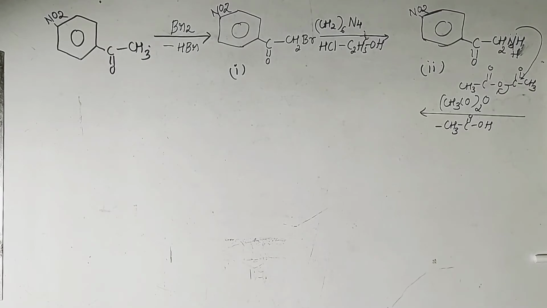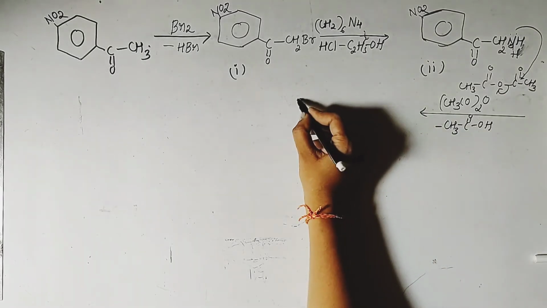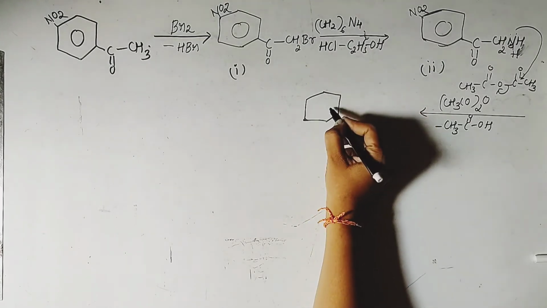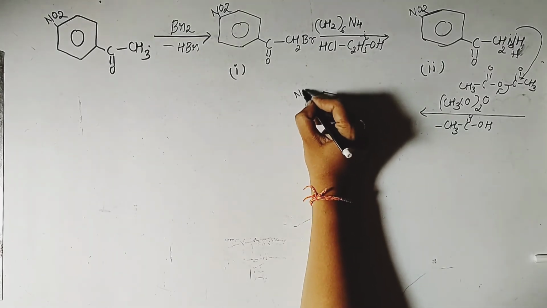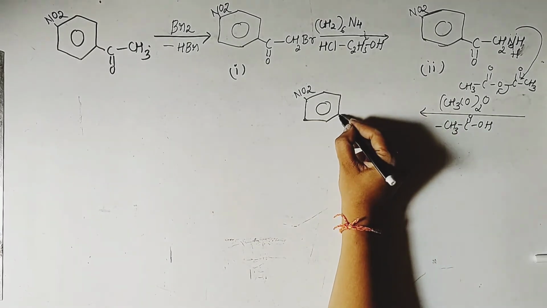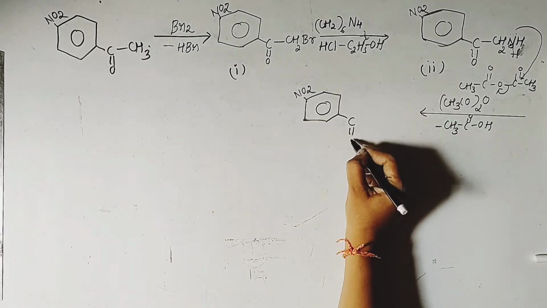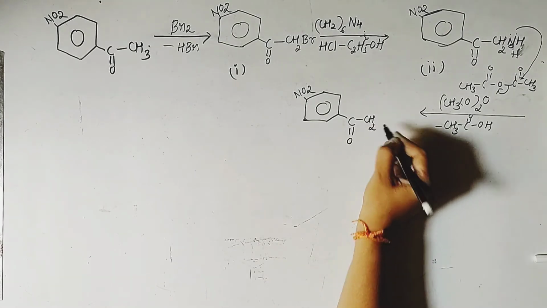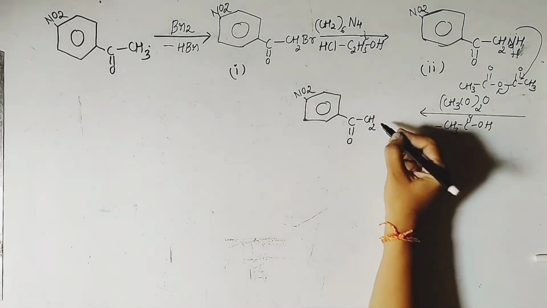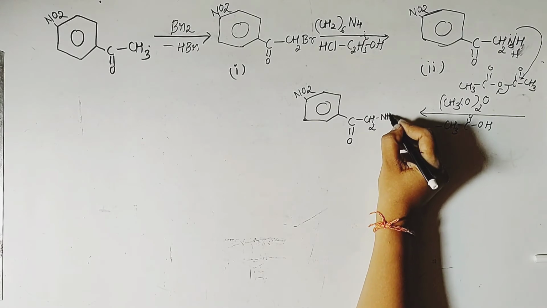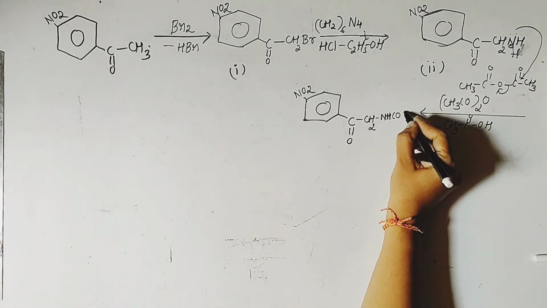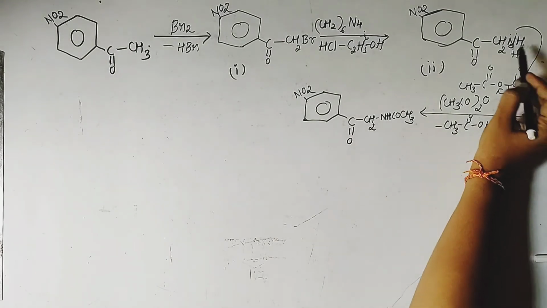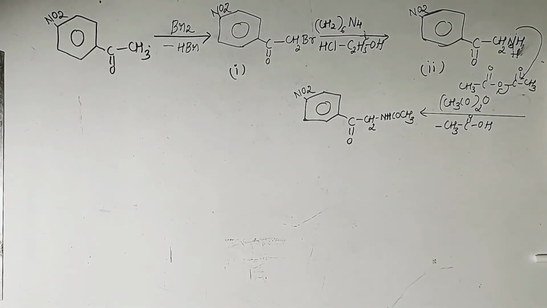So the remaining compound that we have, I will write here. NO2 as it is, there are no changes, para nitro group, and here CO, this is CH2, and the remaining part, this is NHCOCH3. So only this part has attached to the amine group.